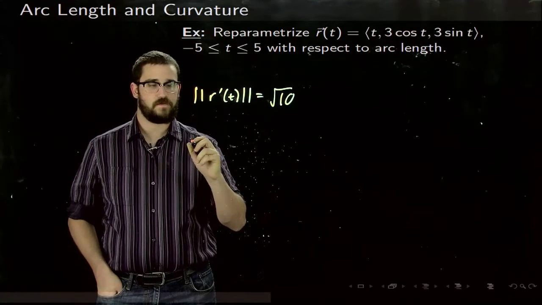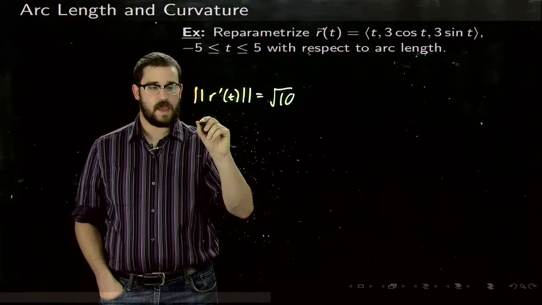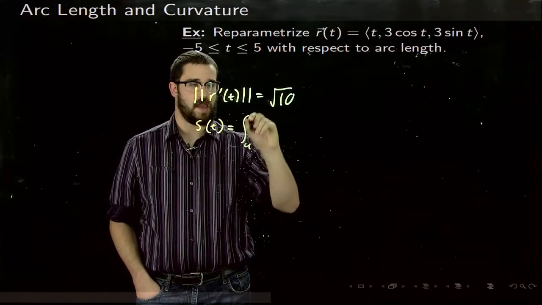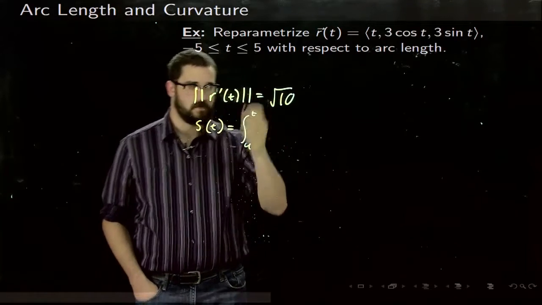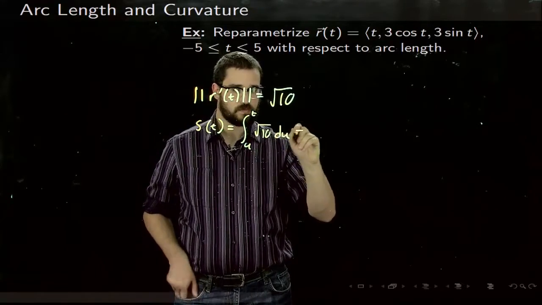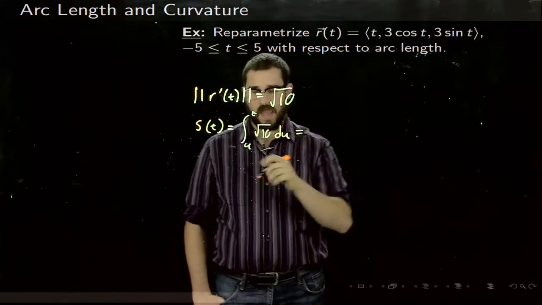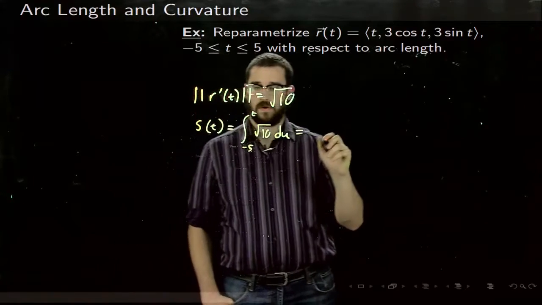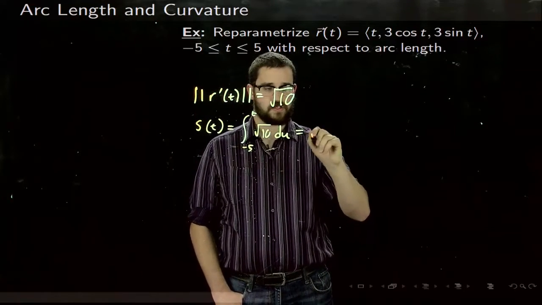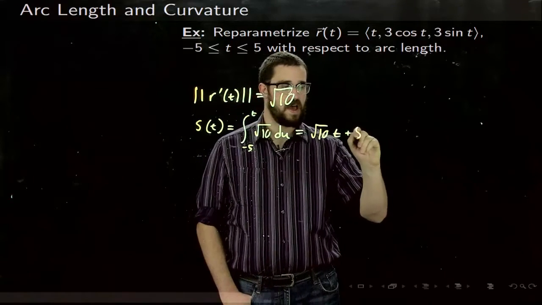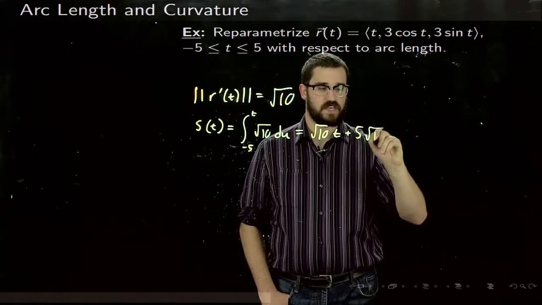So if we have s of t being the integral from a to t of this, so square root of 10 du, it is just a is -5, our starting point. We have square root of 10 t plus 5 square root of 10.